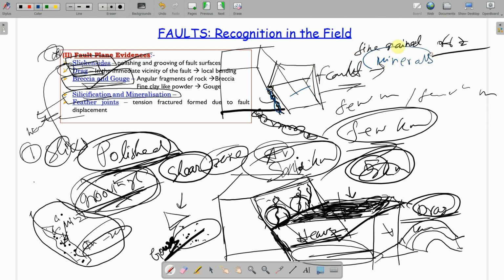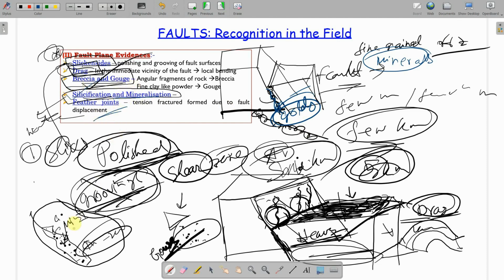Minerals may be deposited. Let's say gold is deposited. I'll show you some photographs where at some fracture places there are gold veins. They are actually called gold veins. In those veins, placer deposits like gold are deposited. So this silicification and mineralization is also an indication of the fault plane.